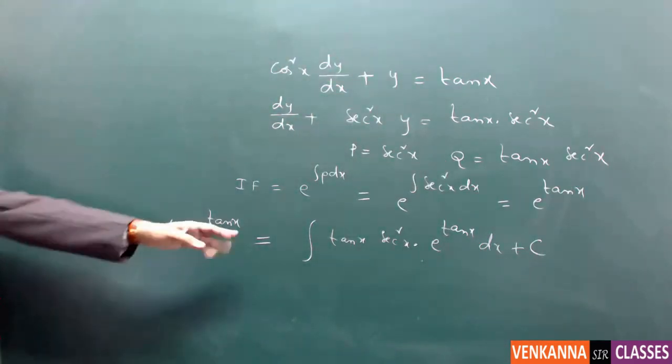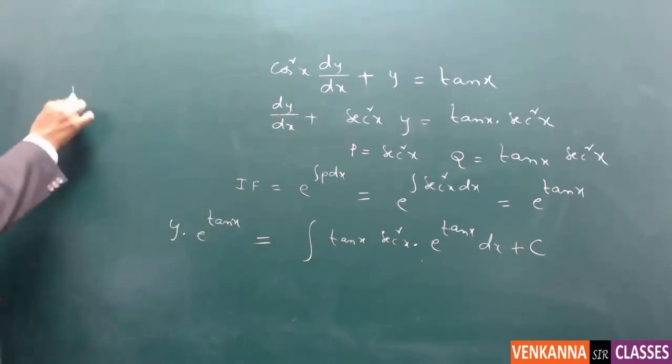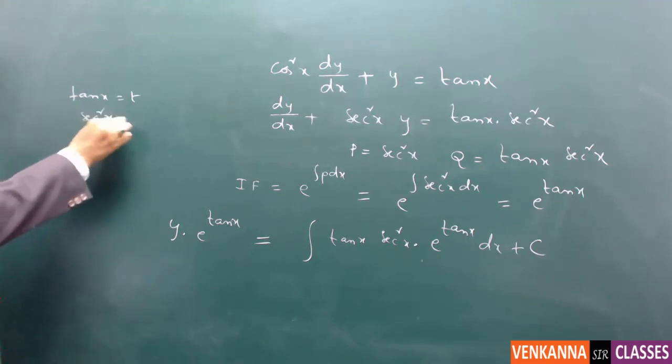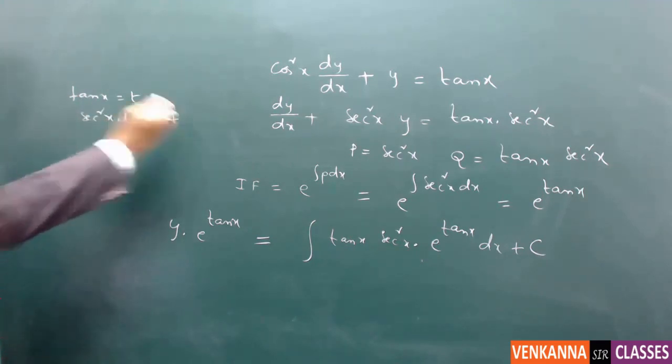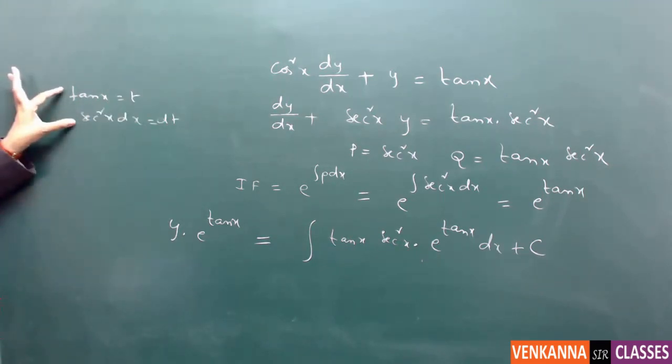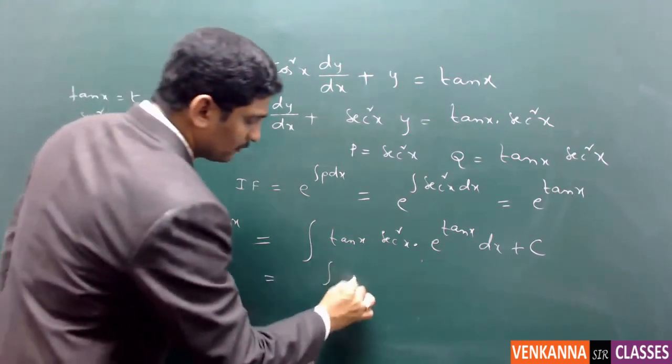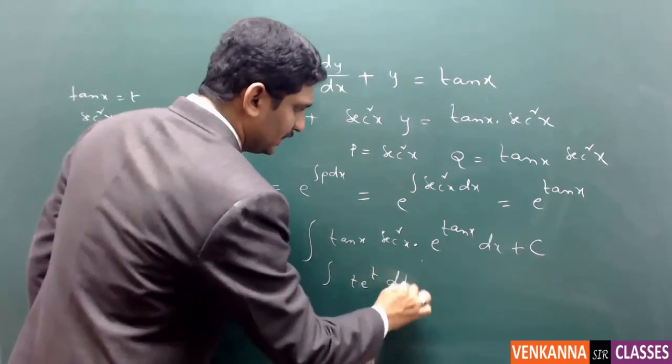Now to evaluate the integral, let us take tan x equal to t. So secant square x dx equals dt. Substituting these values in the integral, it becomes t e power t dt plus c.